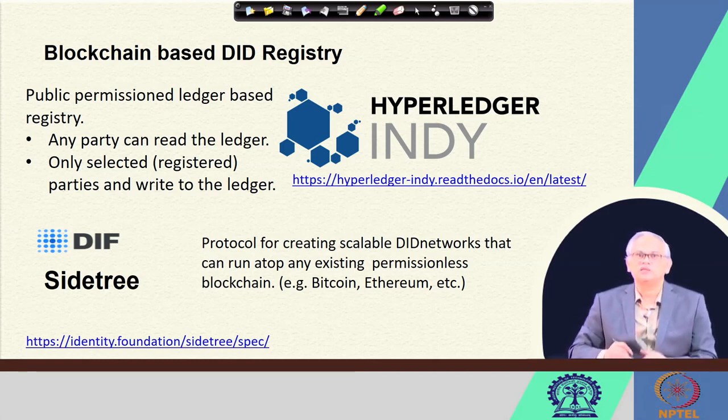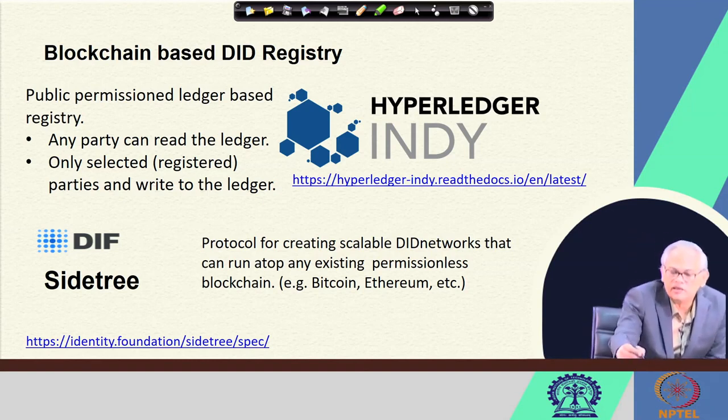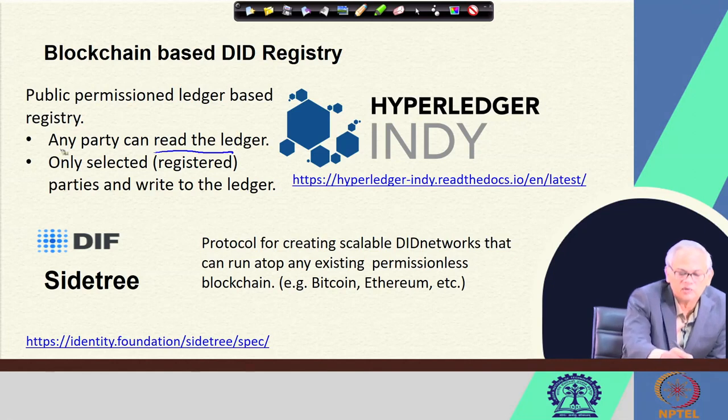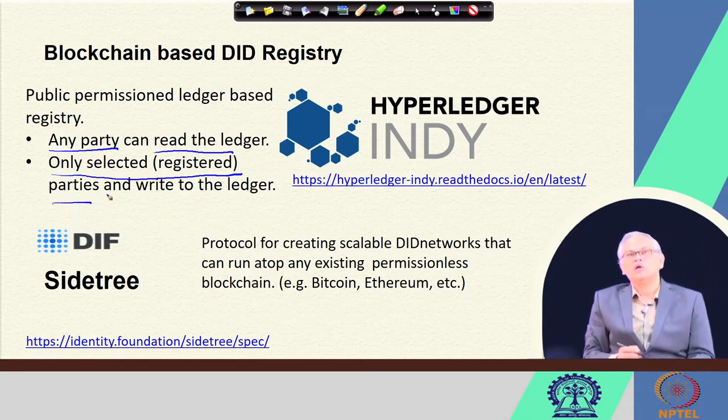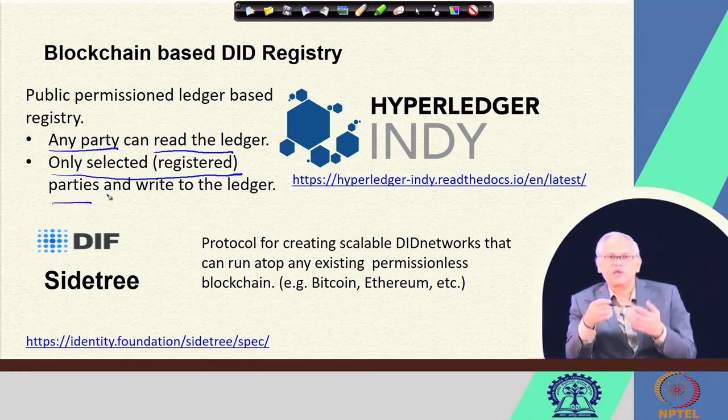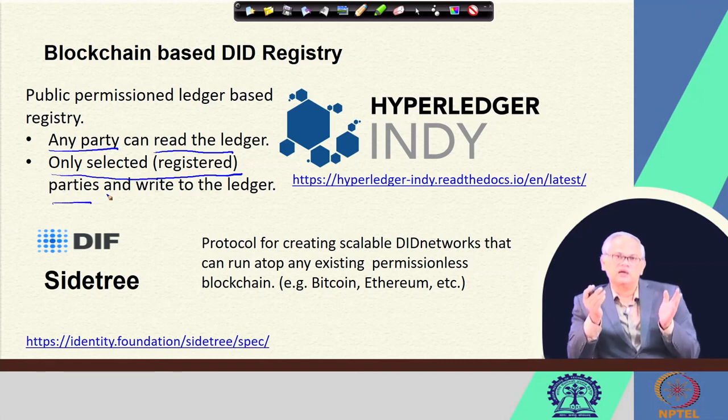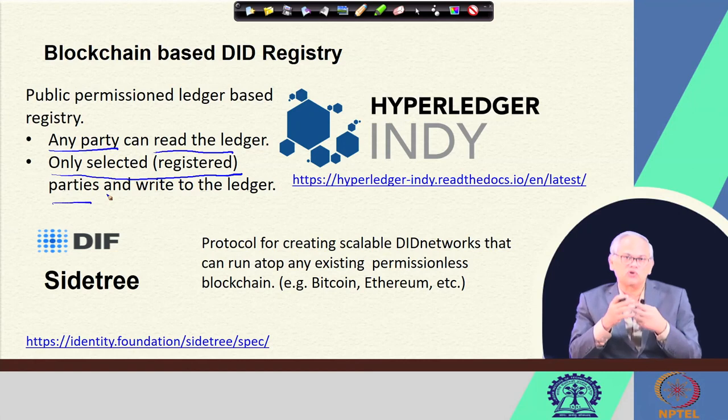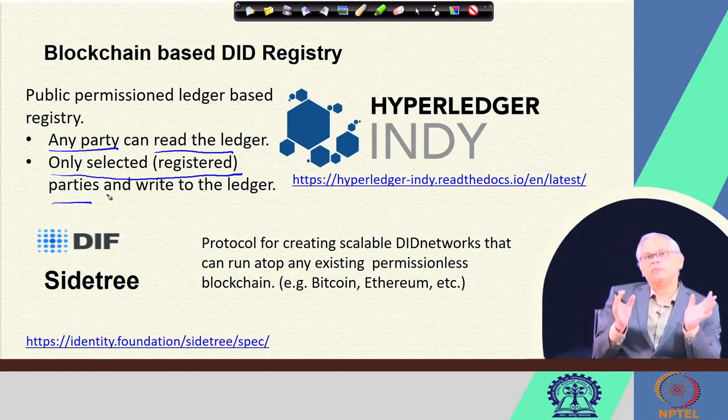That means it is public in the sense that any party can read the ledger and verify it, but only some selected registered parties can write to the ledger. So, it is a simple implementation in the sense that it is permissioned. To some extent there is control on who can write to it, but public means that anybody can read and verify it.